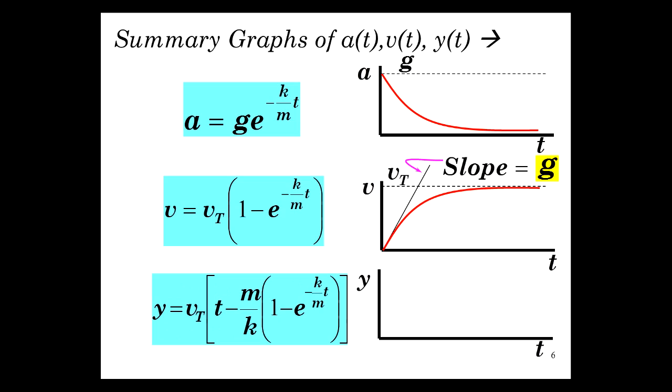What about the position? Fairly complex formula, but one thing we do know is that since the velocity is increasing, that means the position is increasing as well. Or you could also say, since the acceleration is positive everywhere, the position is increasing. And it's increasing non-uniformly. And it's curvy uppy rather than curvy downy.